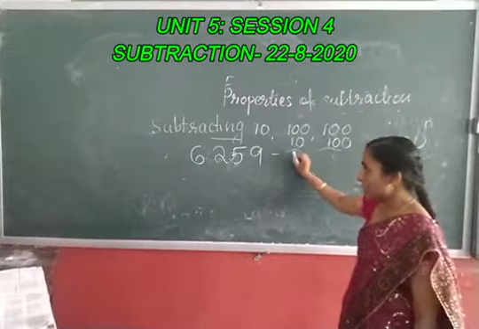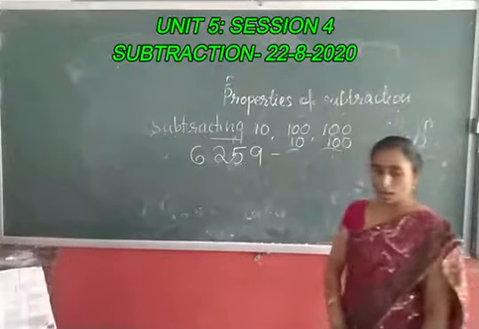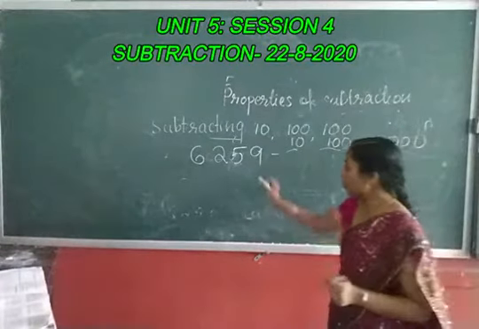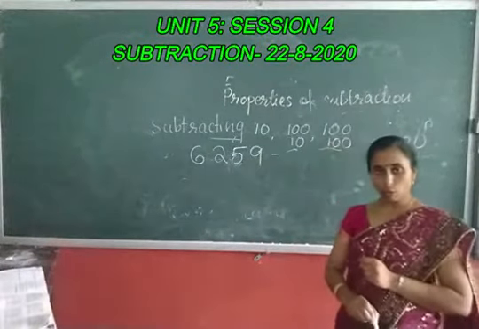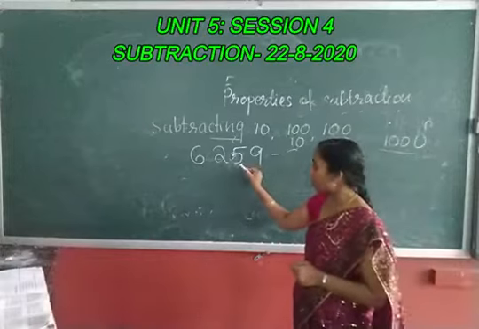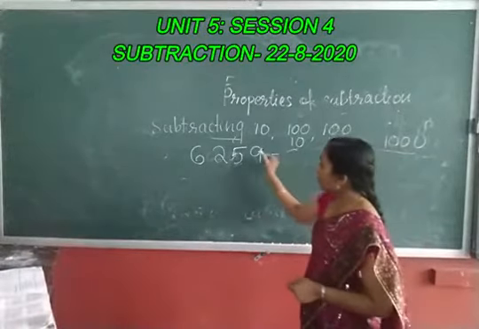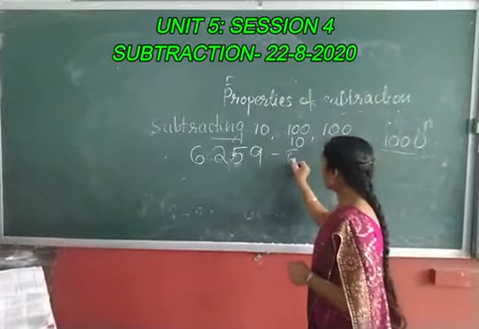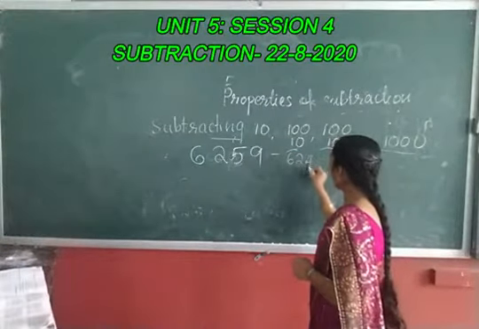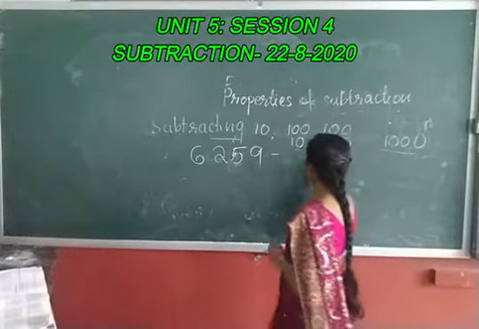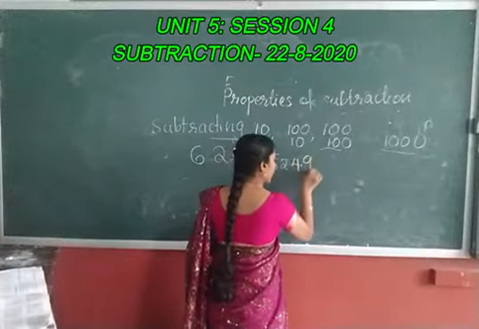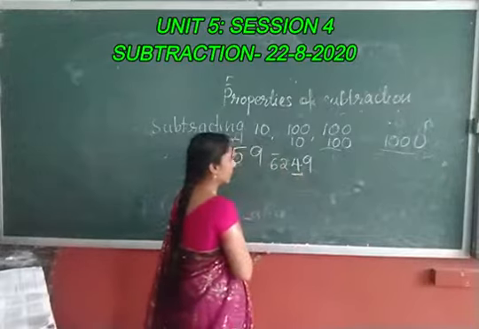Subtraction by 10: the tens place decreased by 1. That means 5 changed into 4. Only 1 is deducted from the tens place. Remaining all places are the same. Here 6,249.